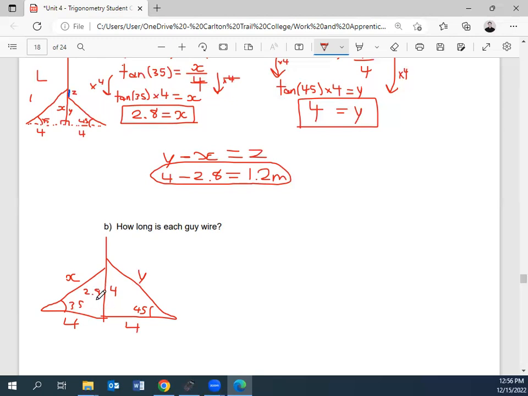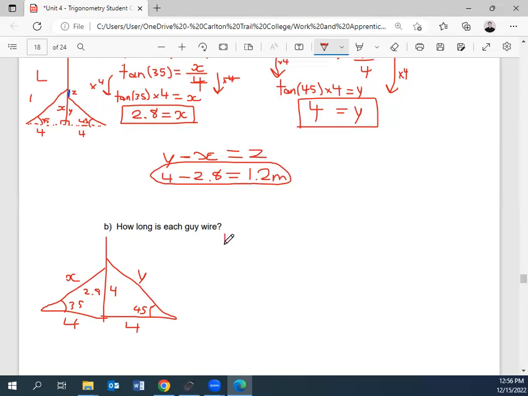I have two sides of a triangle and I'm trying to find a third one, so I can use Pythagoras. You can also use trigonometry here, because you do have an angle to work with. Either way, you're going to end up with the length of that side if you set it up right. I'm going to use Pythagoras as a refresher, because that's where everyone's heads seem to go first.